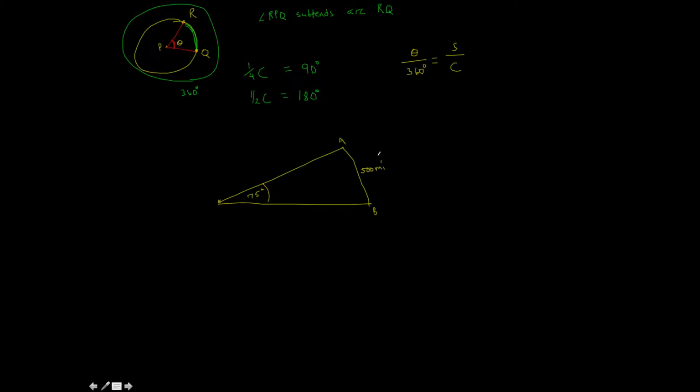So what we can do here is take the arc between two cities, 500 miles, this is our arc length, and the central angle made by those two cities to the center of the earth, so this is our theta.